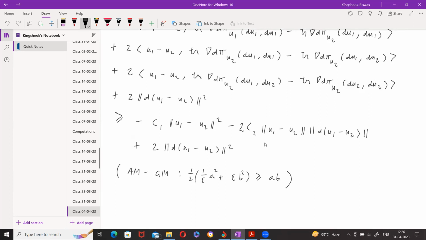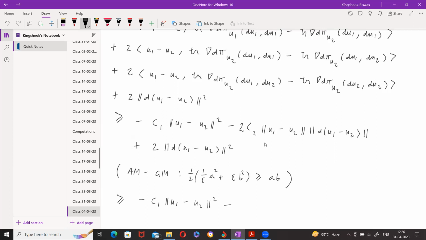For any epsilon positive. Yes. Okay. So here this norm u1 minus u2 will be my A, and this norm of d of u1 minus u2 will be my B. So this AB is less than this, so minus AB will be greater than minus this. So this will be greater than minus C1 norm u1 minus u2 squared.